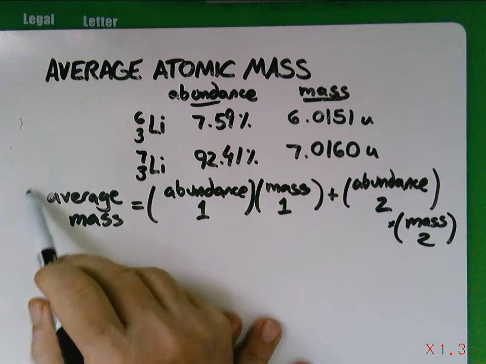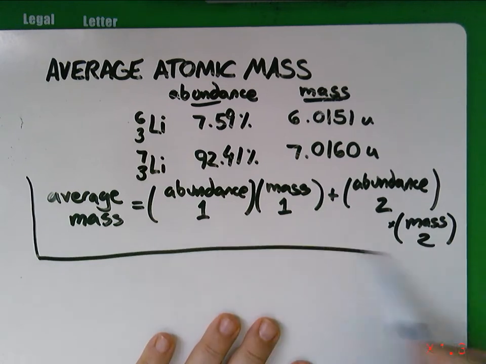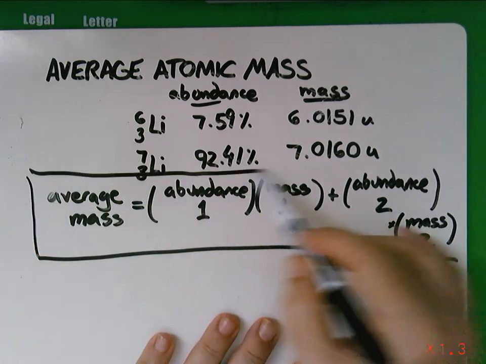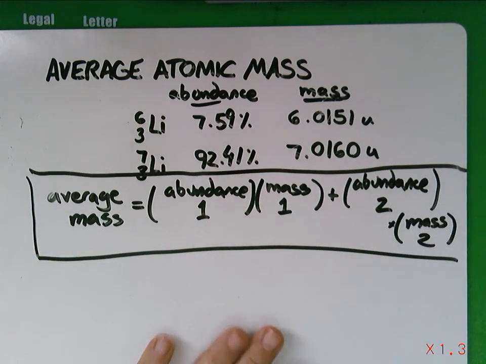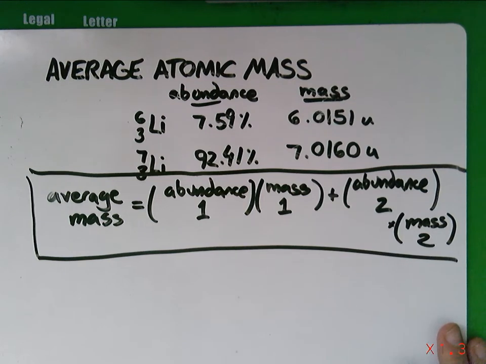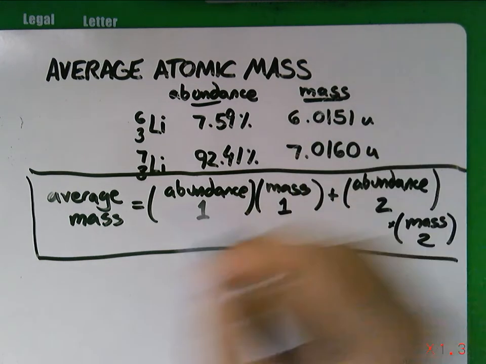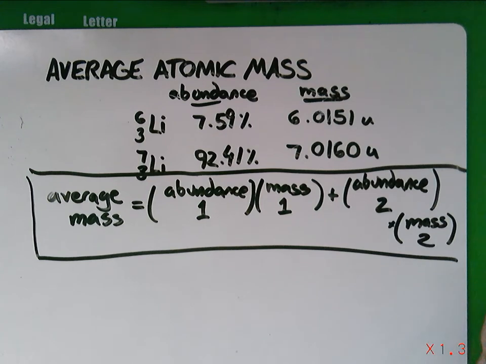Now, I'm going to put a box around this, and you should know by now when I put a box around something, that's worth memorizing for the test. This will allow me to take all this information and compute an average from it.